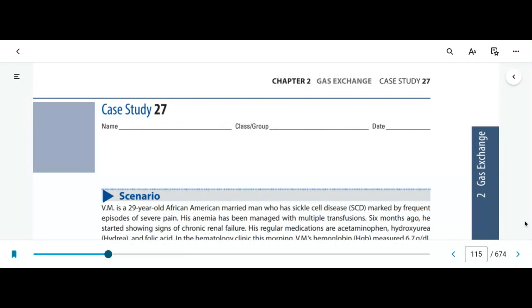Of note, all of these case studies are under gas exchange. Why are they under gas exchange? Why would case studies of anemia be under that topic? Things to think about.